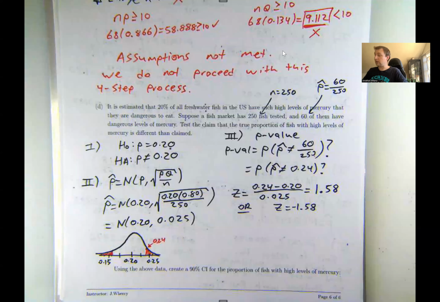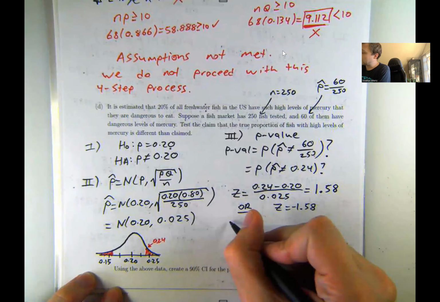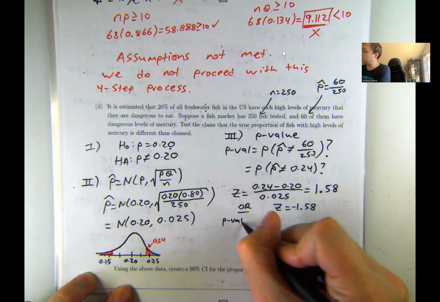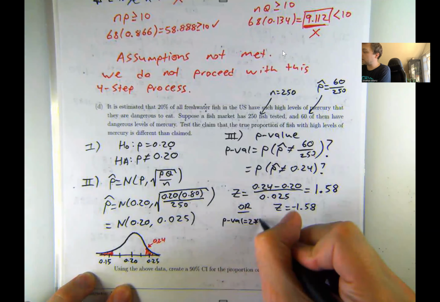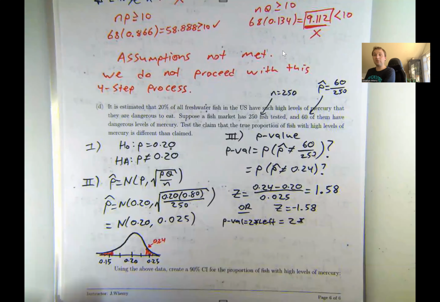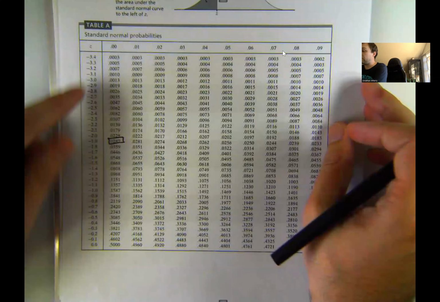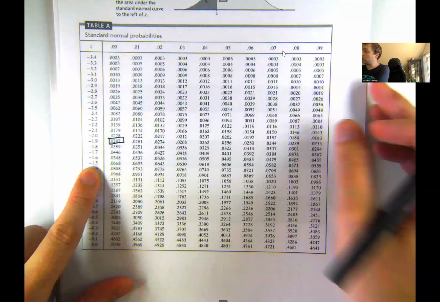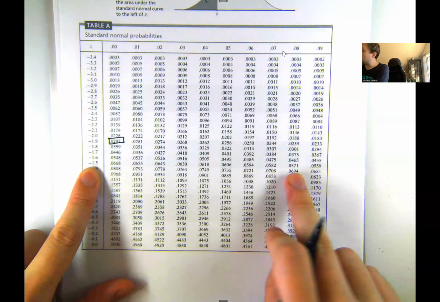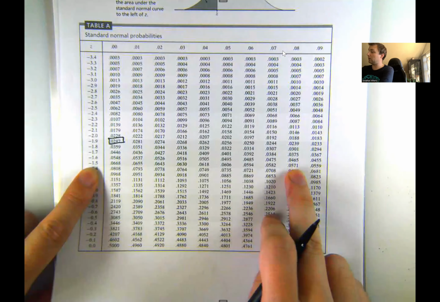So we're going to go inside of our table, and our p-value is going to be 2 times that left tail. I'm going to look up negative 1.58. That's in the negative 1.5 row and in the 8 column, and that gives me 0.0571.